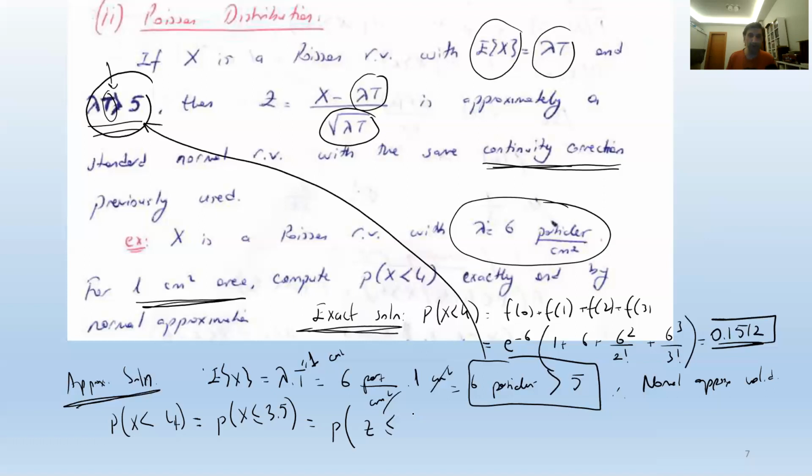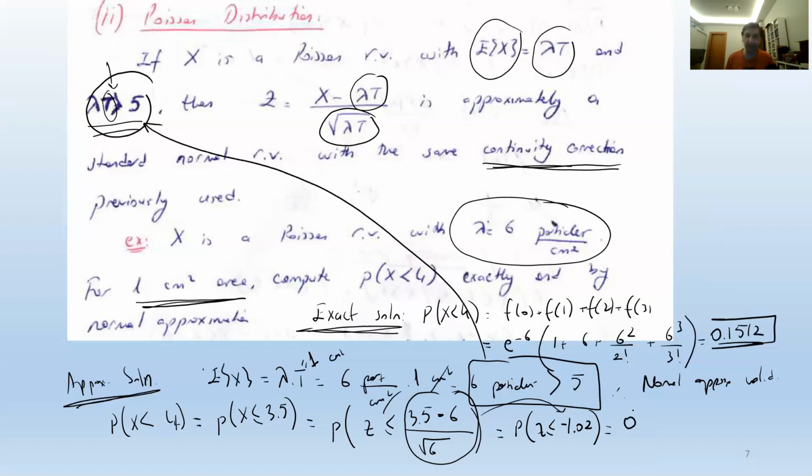Z smaller equal to 3.5 minus the expected value, which is 6, divided by the standard deviation, which is square root of 6. When you compute this, the result is going to be equal to minus 1.02.